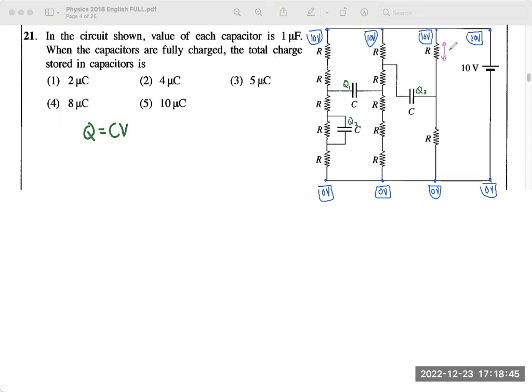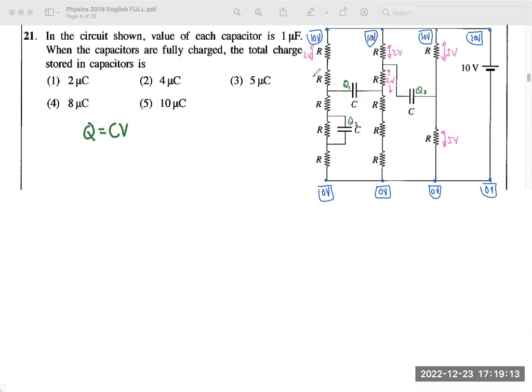The potential will be equally shared, 5 volt and 5 volt. And here there are 1, 2, 3, 4, 5 resistors, and across those 5, 10 volt should be shared. So across this R there will be 2 volt. Across this there will be another 2 volt. Across this also 2 volt. And here again 1, 2, 3, 4, 5 resistors.